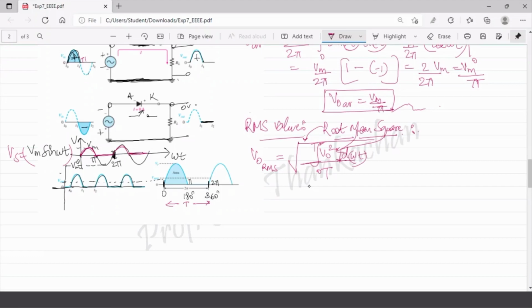You can see here for this half wave rectified sine wave, from 0 to pi, V naught is equal to Vs, and from pi to 2 pi, V naught is equal to 0, isn't it? Here it is equal to Vs and here it is equal to 0 from pi to 2 pi. So from 0 to 2 pi, the total time period is 2 pi.